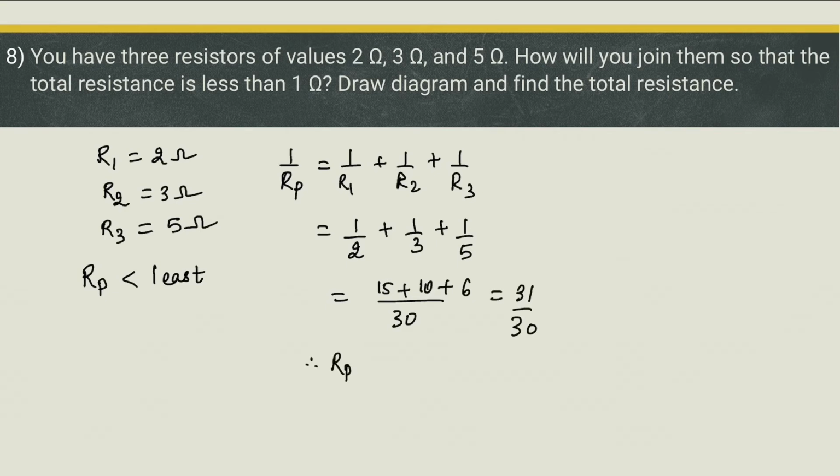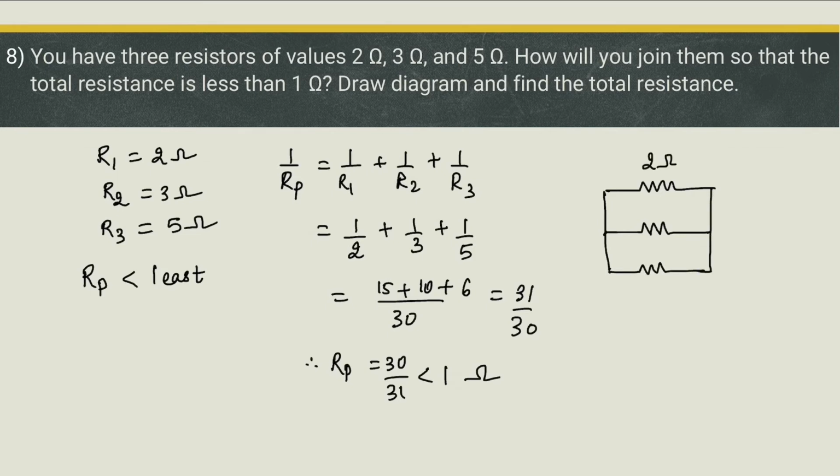So Rp becomes 30 upon 31, which is less than 1 ohm. And the circuit diagram is three resistors connected in parallel and then label each resistor 2 ohm, 3 ohm and 5 ohm.